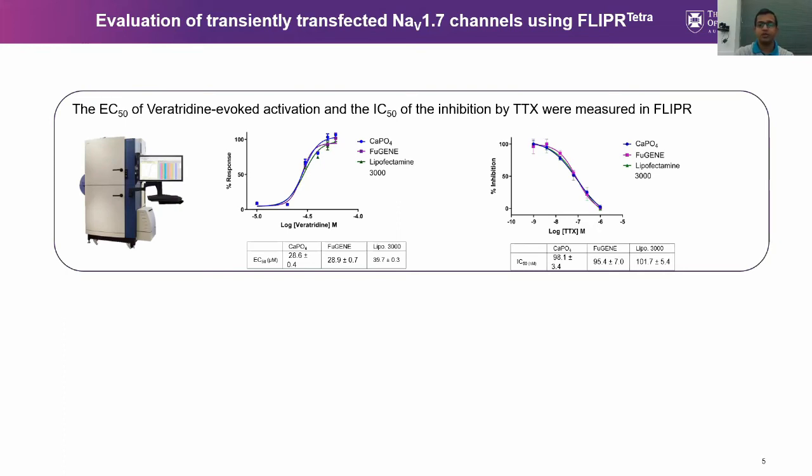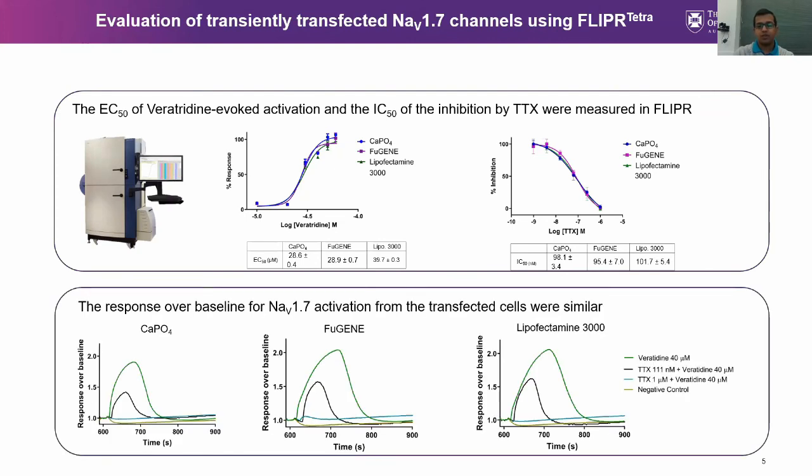These veratridine evoked responses were fully inhibited by tetrodotoxin, which is a potent NaV1.7 blocker. The IC50s of TTX inhibition of these responses were around 98, 95, and 101 nanomolar respectively.